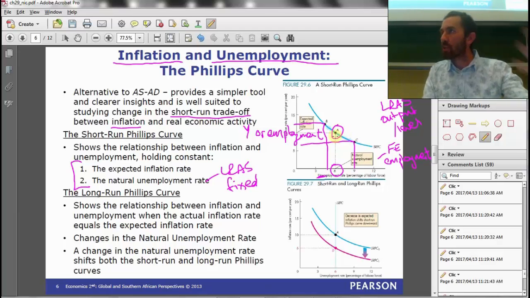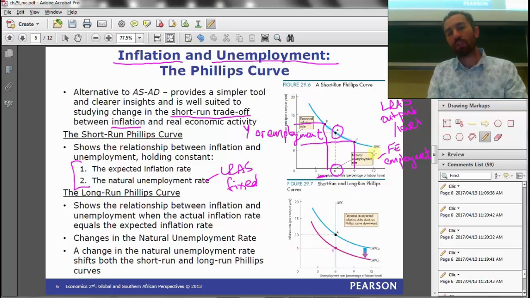We actually have that rate of inflation. Therefore, we are at the natural rate of unemployment. If, however, inflation is greater than what we expected, unemployment decreases. If inflation is lower than what we expected, well, unfortunately, we have more unemployment.